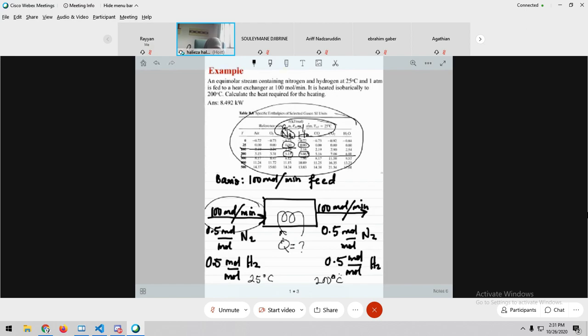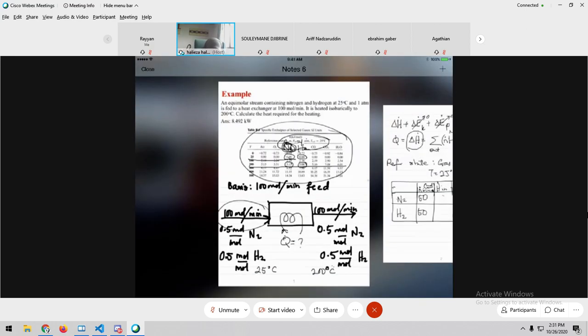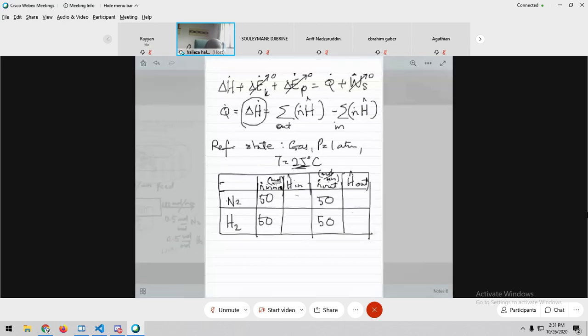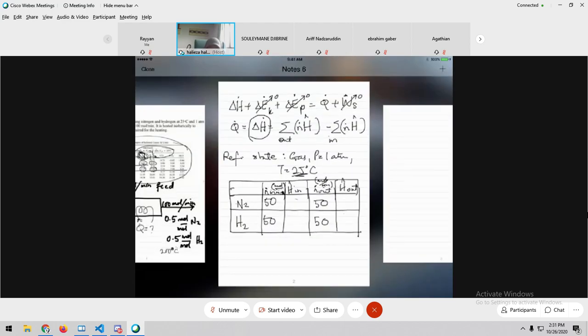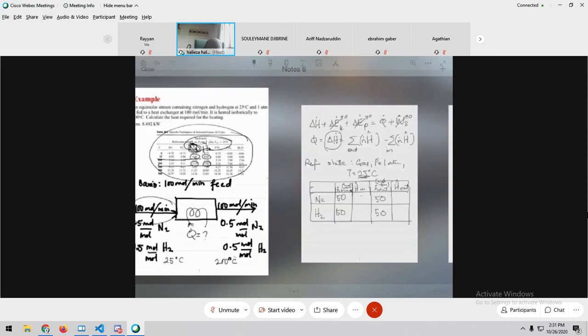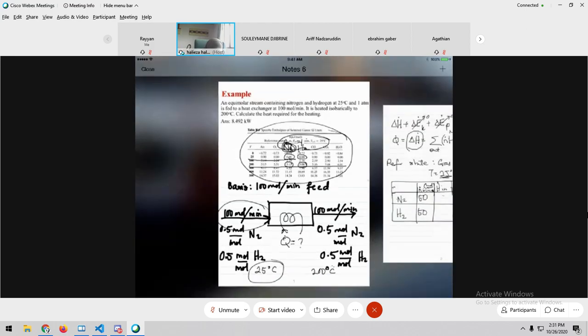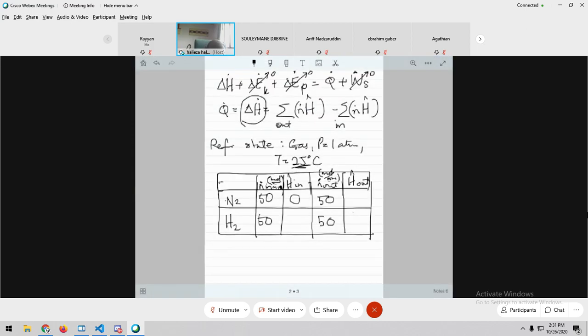So at 25 degrees C, because that is your reference state, is it the inlet or the outlet? The inlet. So for the 25 inlet, the enthalpy is 0, 0. Why 0? Because that is your reference state.